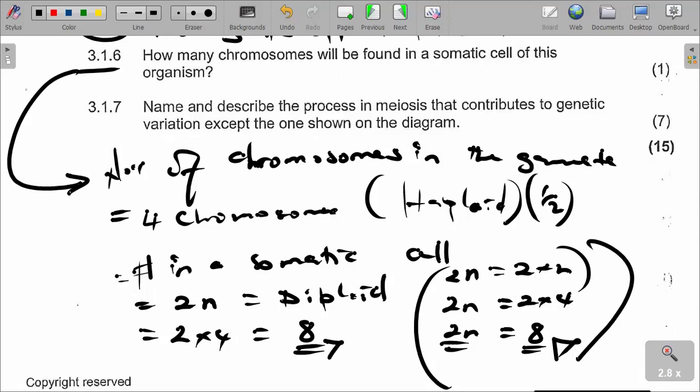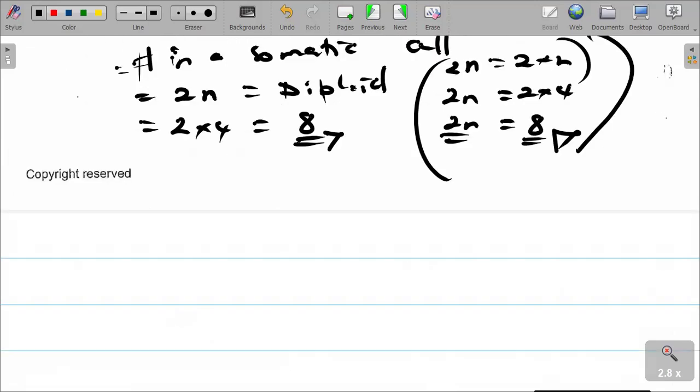Then it says: name and describe the process in meiosis that contributes to genetic variation, except the one in the diagram. Genetic variation is also caused by another process of meiosis: crossing over.